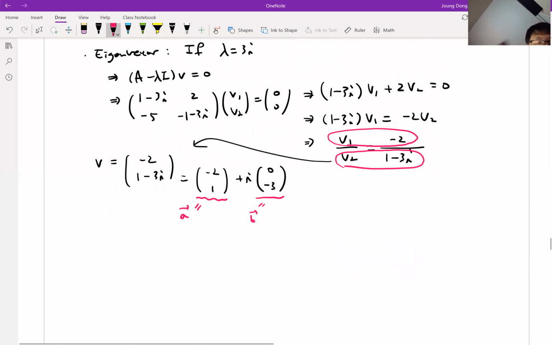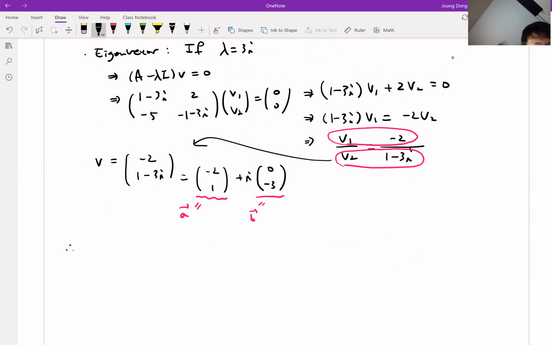Let's say my u1 is equal to A cosine 3t minus B sine 3t. In my eigenvalue there's no real part, which means there's no exponential function part, so we write cosine and sine directly.